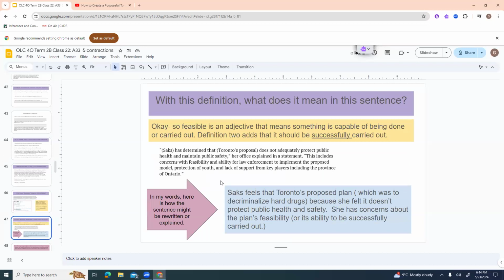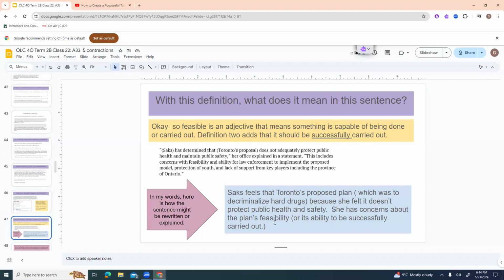So, with that definition, what does it mean in the sentence? There's the original, and here I rewrote it, thinking about my new understanding, so I knew what it says. Sachs feels that Toronto's proposed plan, which was trying to decriminalize hard drugs, is not a good idea because it doesn't protect public health and safety.